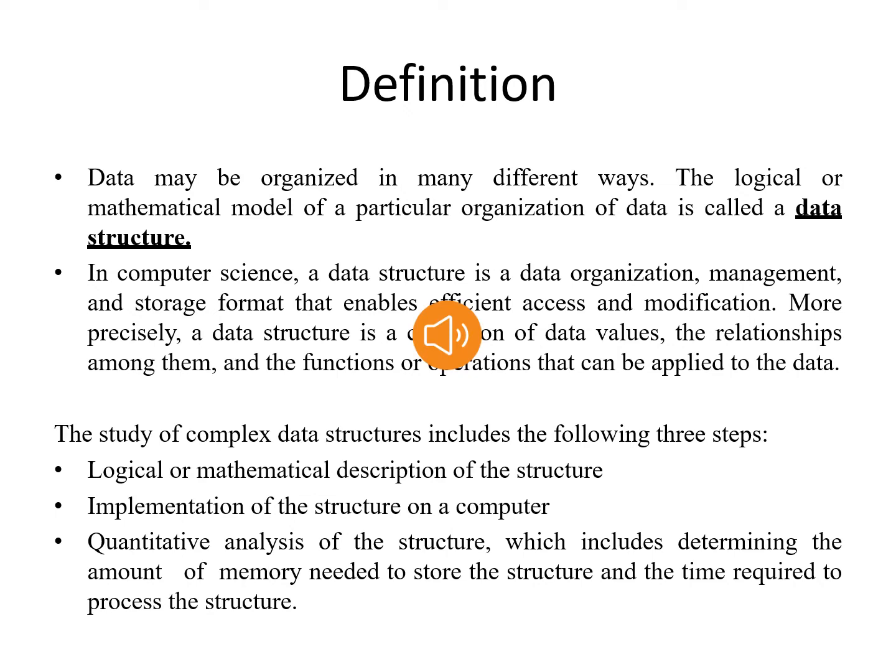Coming to computer science, a data structure is an organization, management and storage format that enables efficient access and modification. We store data, we access it, and for that purpose we modify it. Suppose we consider a class register.